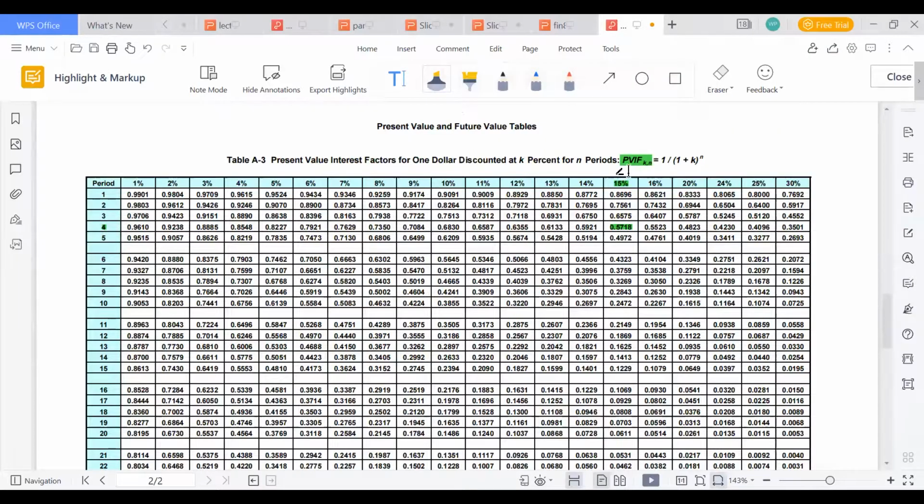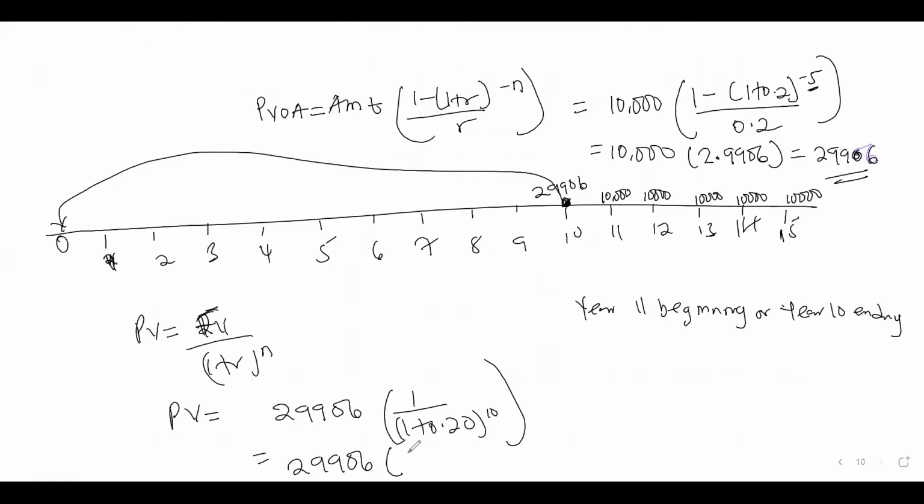It's here, 0.1615. The final answer will be 4829.82.